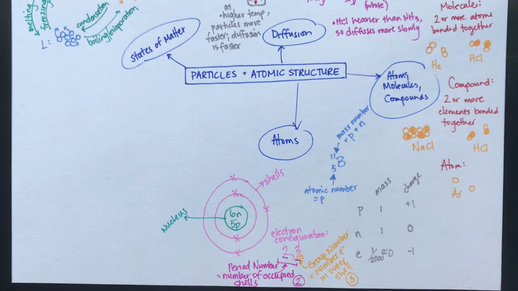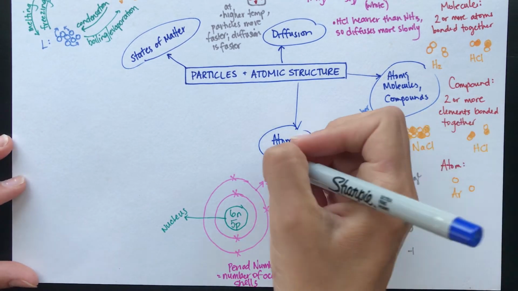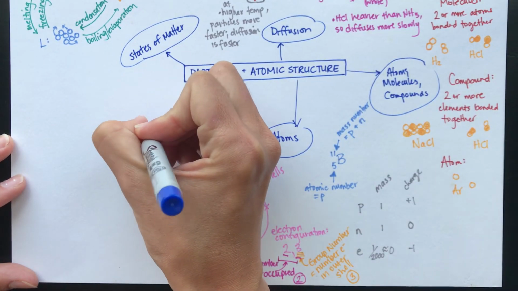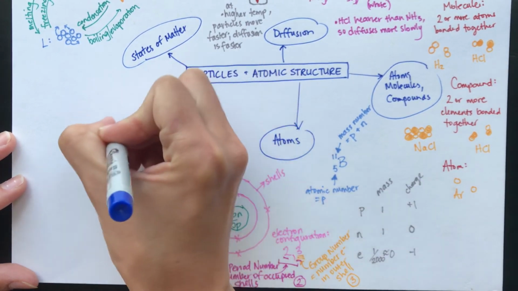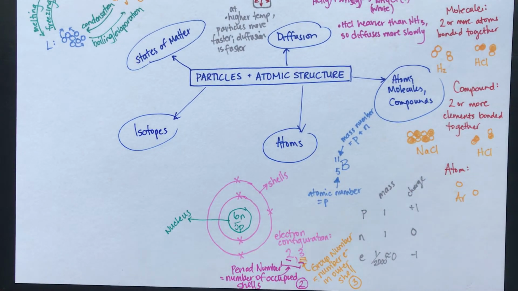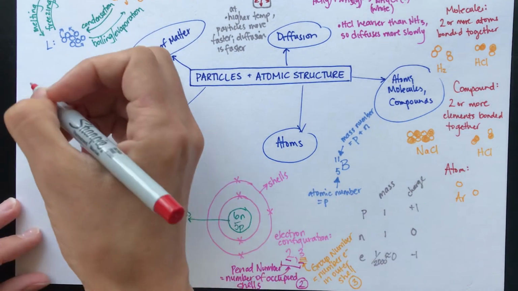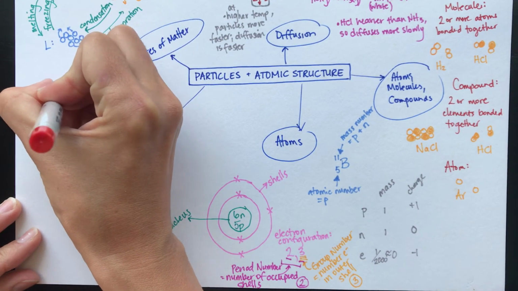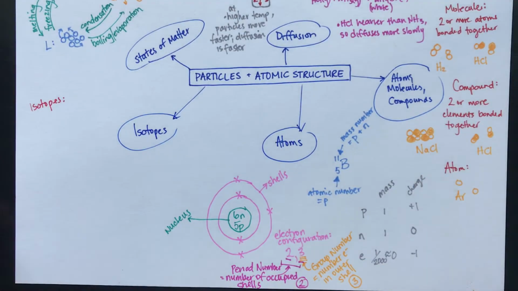The last part of this topic, similar to atoms, is isotopes. All right. So first of all, we need another definition here. Most common mistake on the definition of isotopes is people forget the first word.